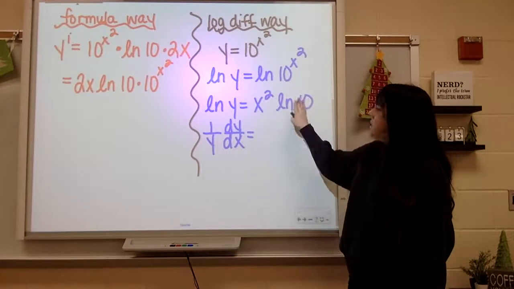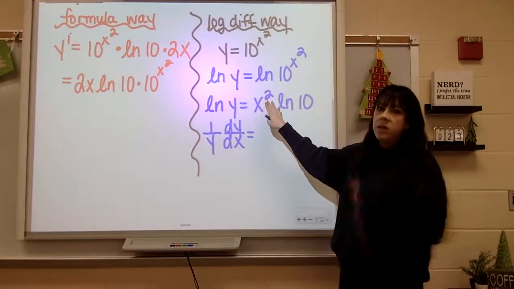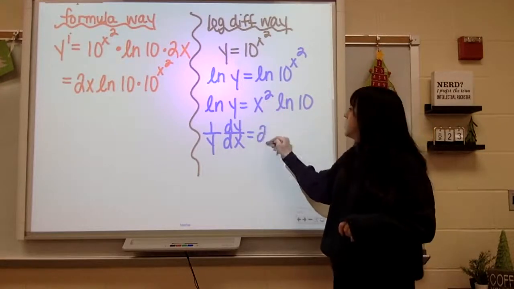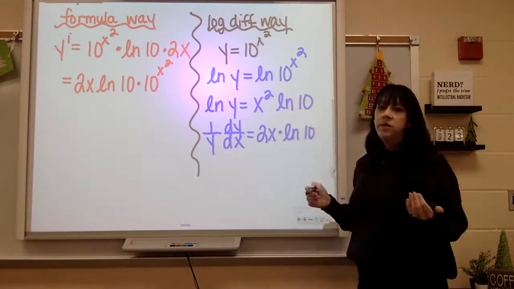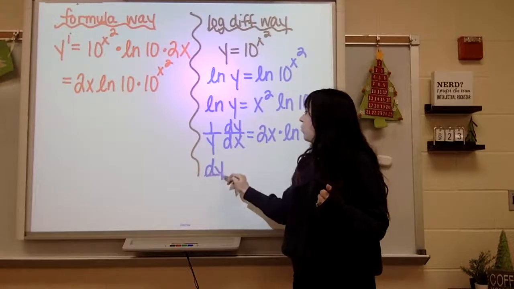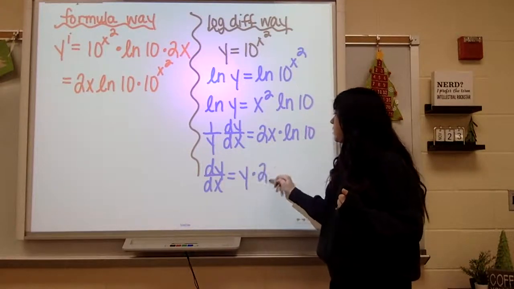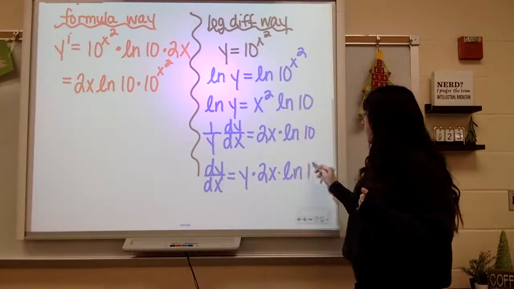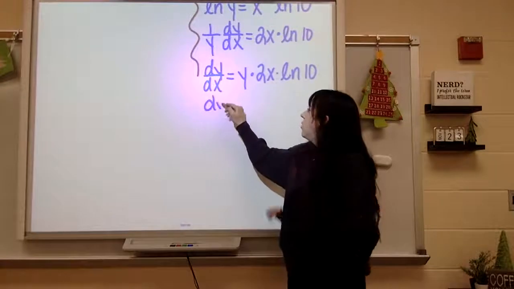The derivative over here, remember ln 10 is just a number. So really let's start with what's the derivative of x squared. That would be 2x times ln of 10, because ln of 10 is just a constant value. Multiply the y over. And then substitute your y value back in.